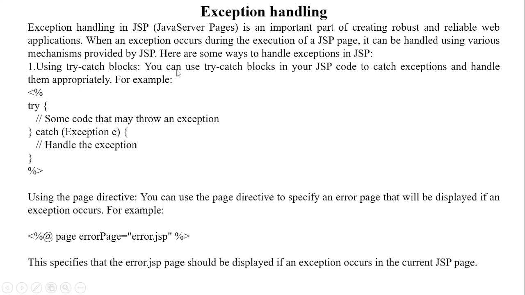So the first method we can use is a try catch block, and you can use try catch block in your JSP code to catch exceptions and handle them appropriately. For example, it's not exactly an example, the syntax is, so we see there is a try block inside the scriptlet tag, and some exception code is there, and then catch blocks, and then exception handler code is there.